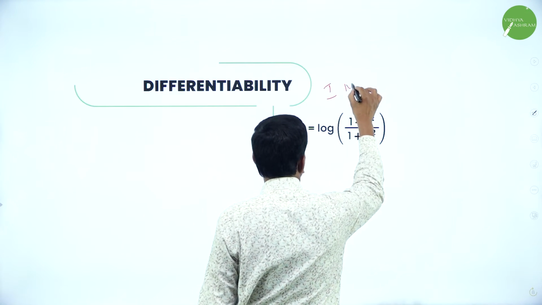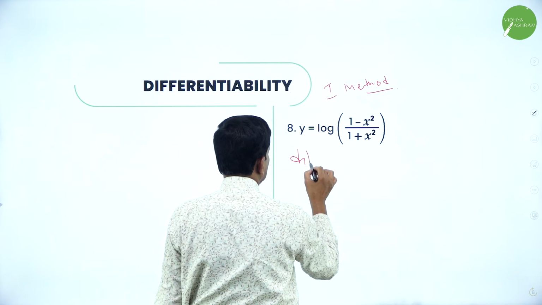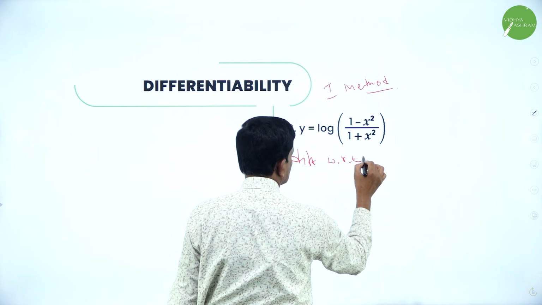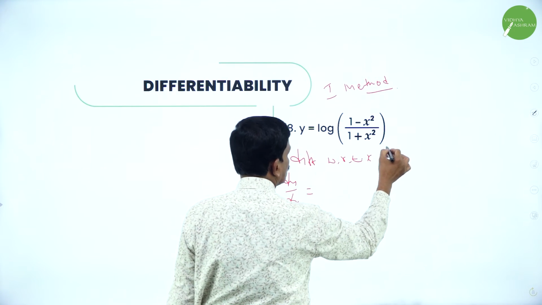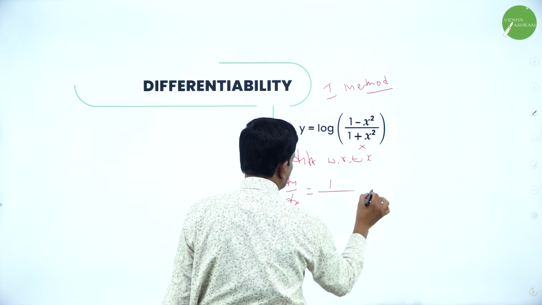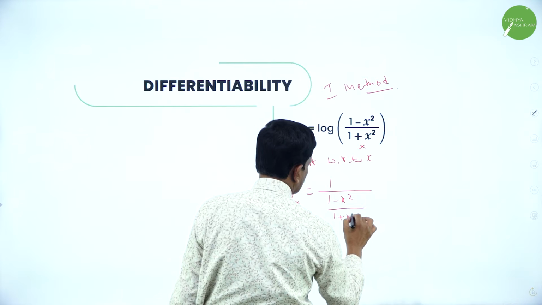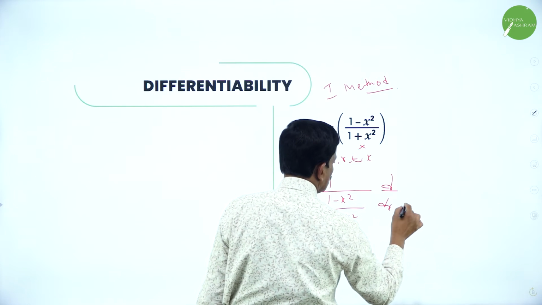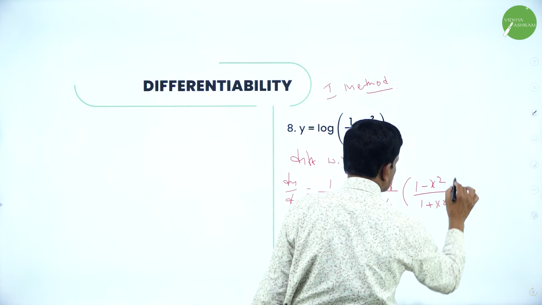In the first method, differentiating with respect to x, dy by dx is equal to, let us call it as log x. Differentiation of log x is 1 over x, so 1 over (1 minus x square by 1 plus x square) into d by dx of (1 minus x square by 1 plus x square).